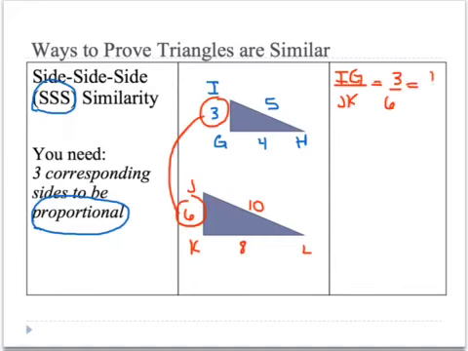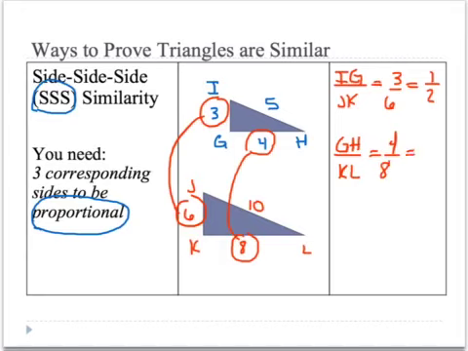And I can simplify that to 1/2. Now I want to compare GH to KL, and they're corresponding, and that's going to be 4 to 8. And I simplify that, and I have 1/2 as well.